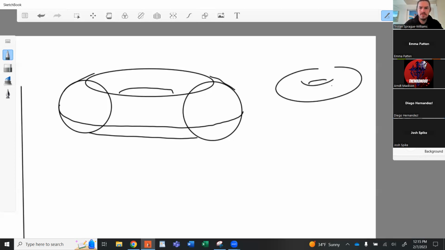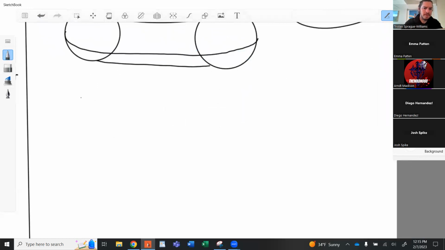It's a donut. It's shaped like that. It's basically what you get by taking a circle and revolving it around an axis. Here's our axis of revolution.